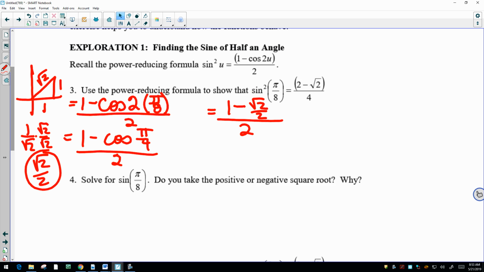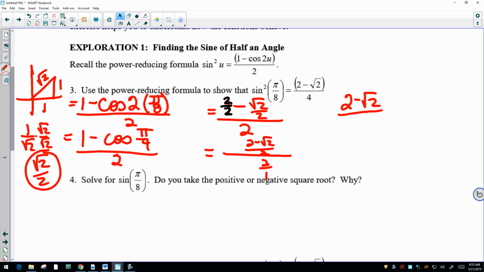Okay, so we have to combine our numerators. Keep in mind I need common denominators, so that becomes a 2 over 2. So in my numerator, I'm going to have 2 minus radical 2 over 2. And in the denominator, I have a 2, and I can put that as 2 over 1, because our next process is to copy, change, flip.